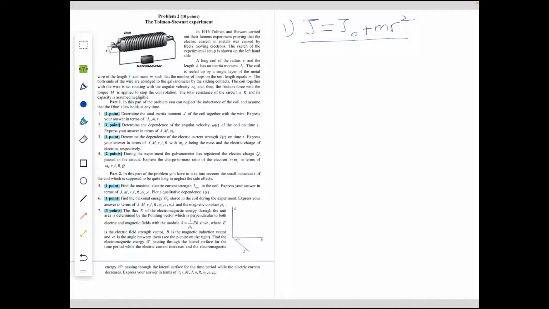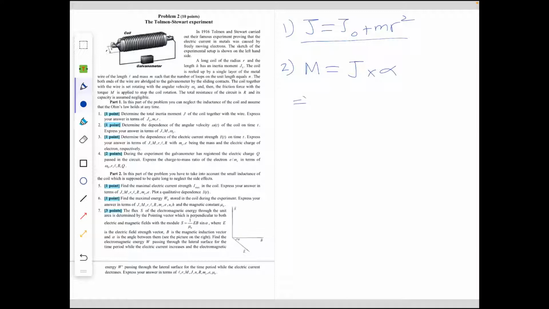For part 2, determine the dependence of the angular velocity omega of the coil on time t. Express your answer in terms of J, M and omega naught. Here the torque M due to the friction will be equal to J times alpha, where alpha is the angular acceleration.